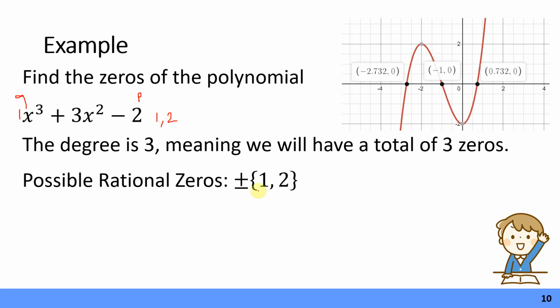So 1/1 gives me 1, and then 2/1 gives me 2. So those are all the possible rational zeros. There's no fractions in here. So this number cannot be represented as a fraction, and this number cannot be represented as a fraction. So we're going to have to find those answers on our own.